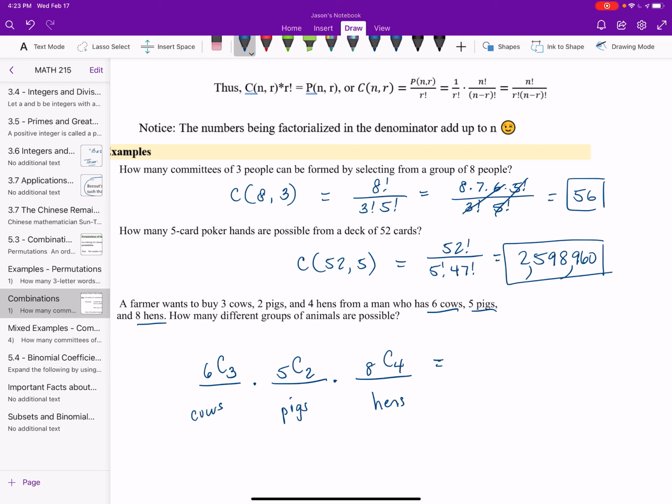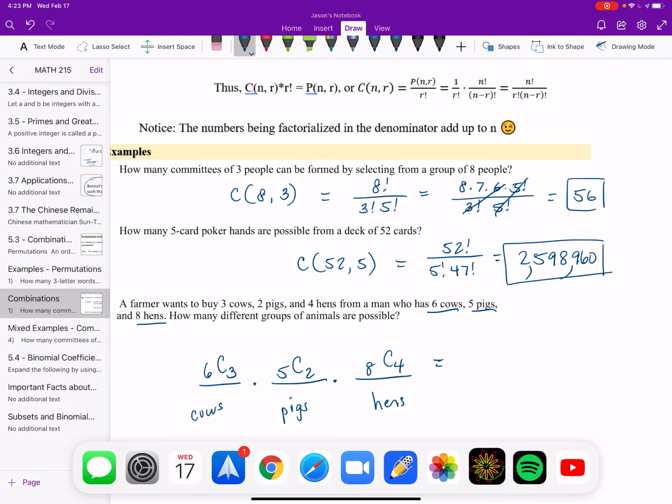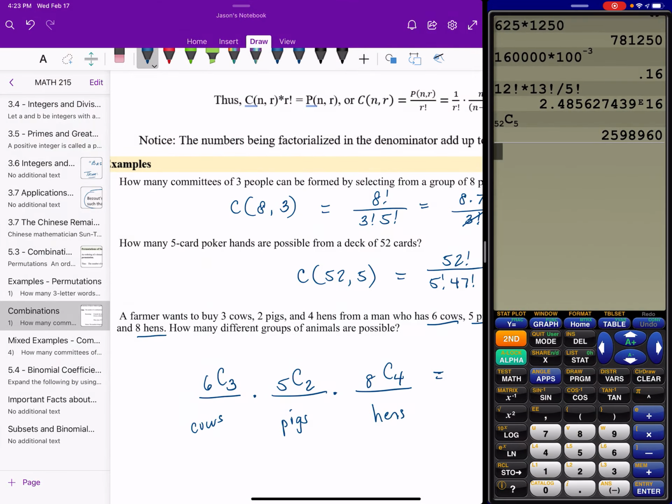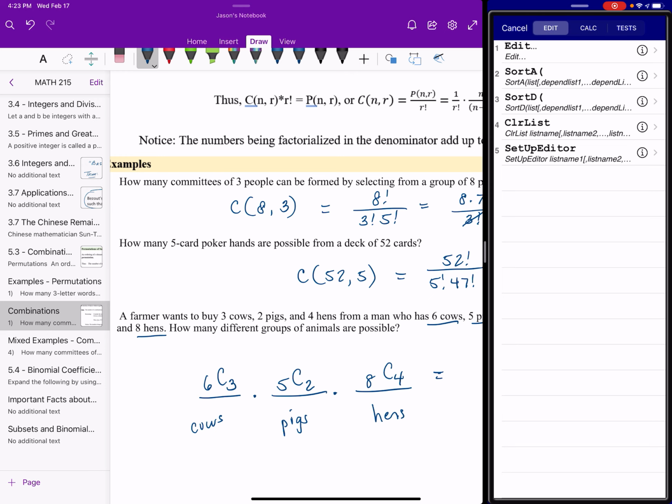Let's multiply that out using the calculator just to get a little bit used to the notation. I'm going to bring back the last thing I typed because it was a combination. I don't want to have to fight through the menu to get that.